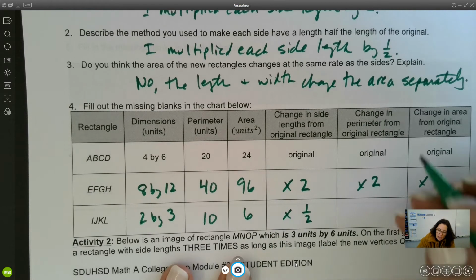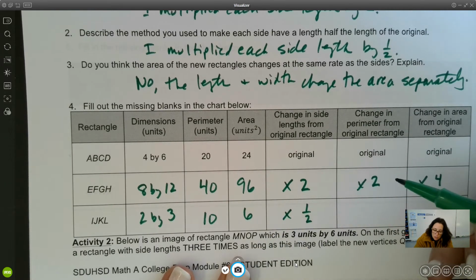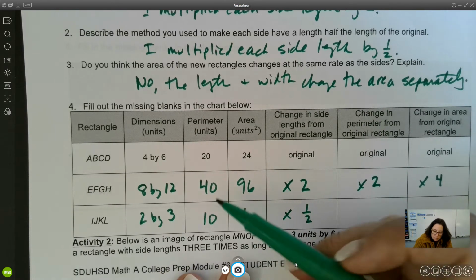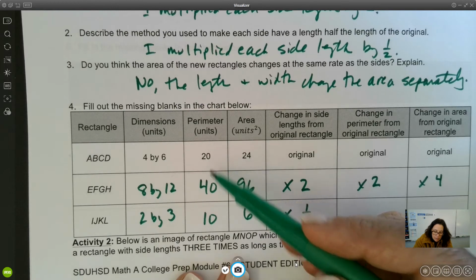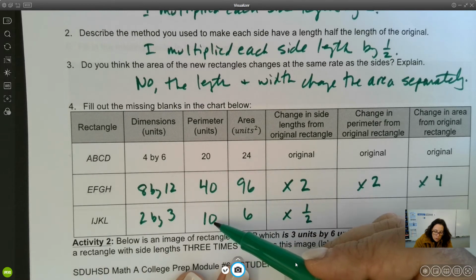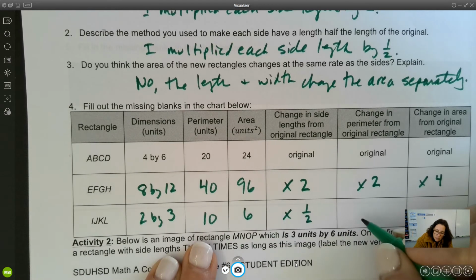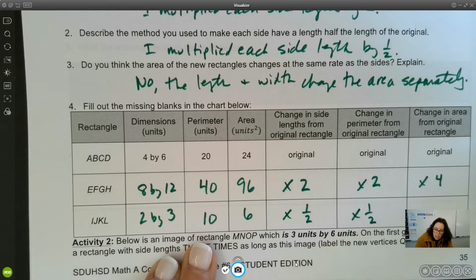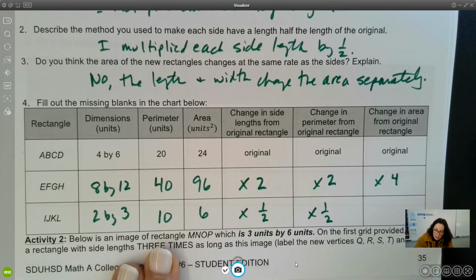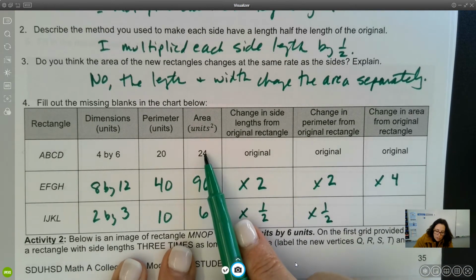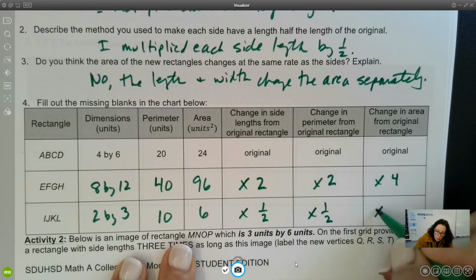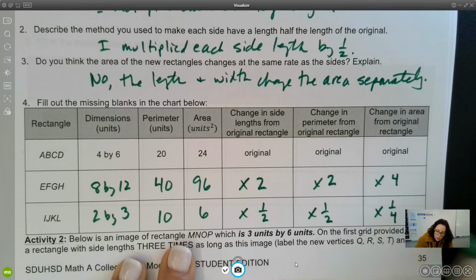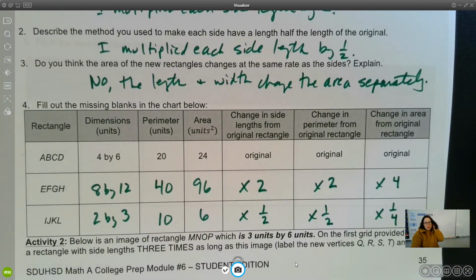And then from the original perimeter to the new perimeter of the shrunken down object, we also multiplied by 1/2. And then from the 24 to 6, we're multiplying by 1/4. So something is definitely going on.